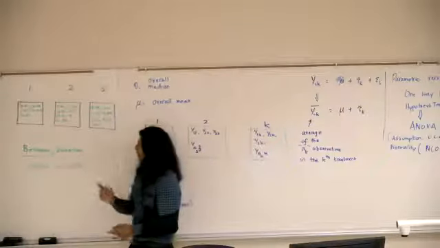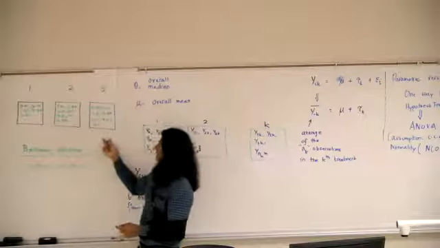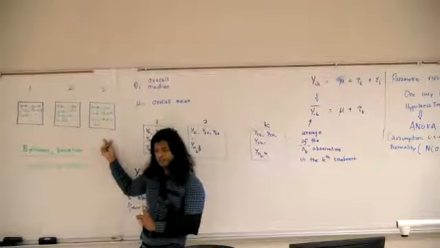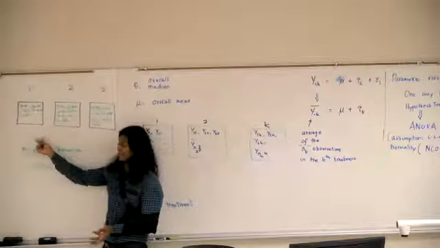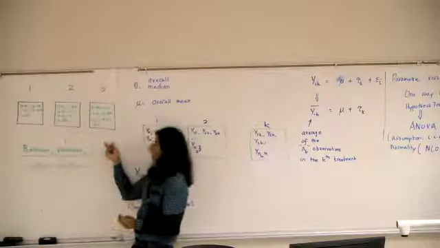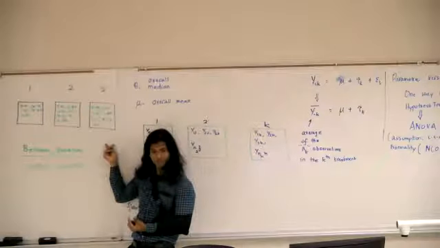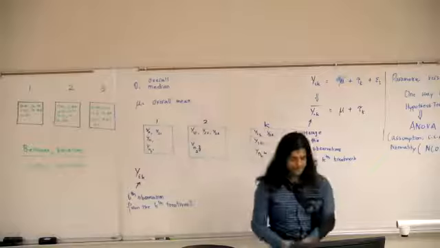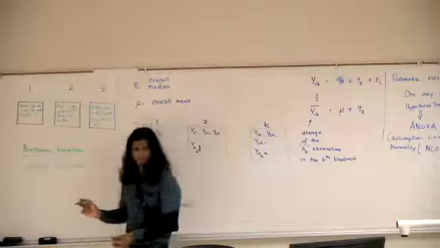Different. So if this is 10, that is 2, and that is 5, the between variation is going to be big. Do you agree? But if this is 10, that's 10.1, and that is 10.4, between variation is going to be small. So that ratio is simply a ratio of variances.